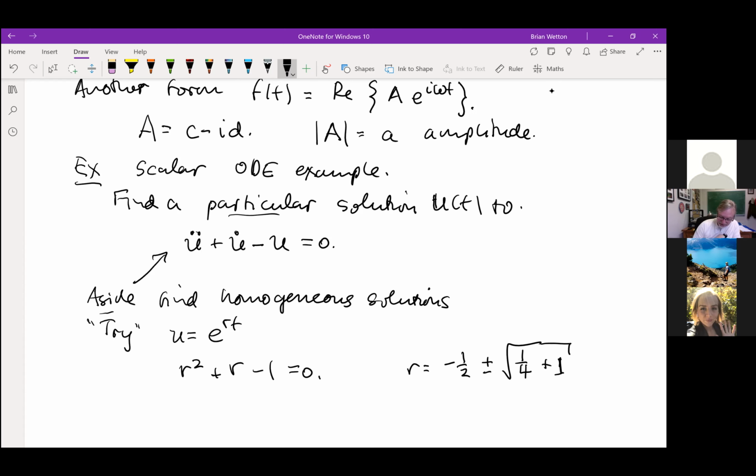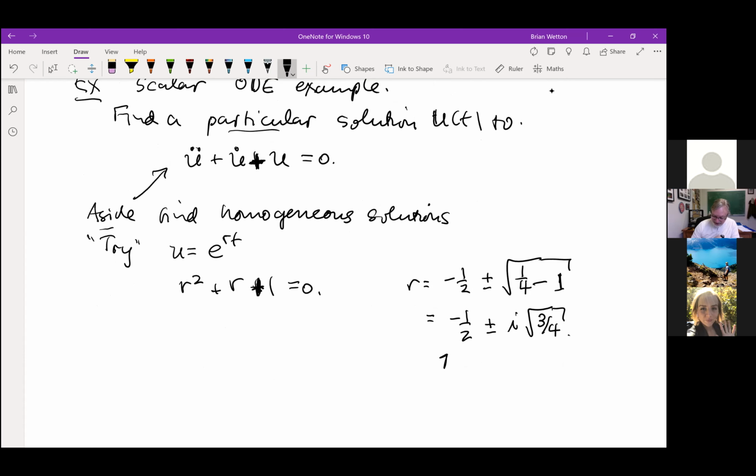Okay, I want to change my equation. Okay, now plus u. So this is a minus 1. Okay, hang on. Okay, right, so this is minus 1/2 plus or minus i times the square root of 3/4.